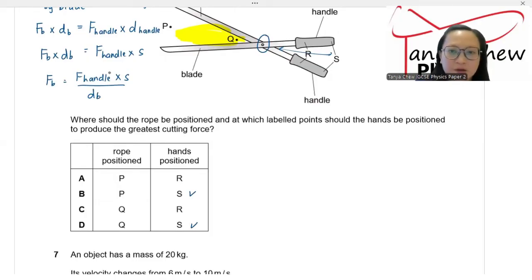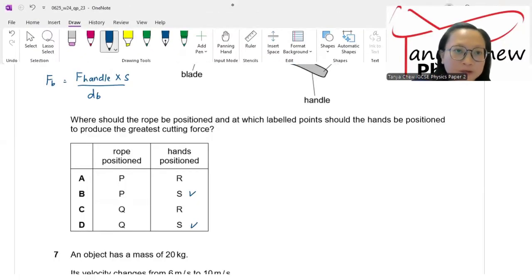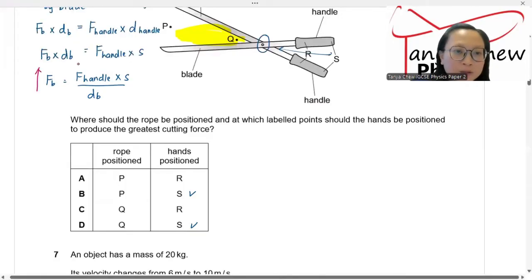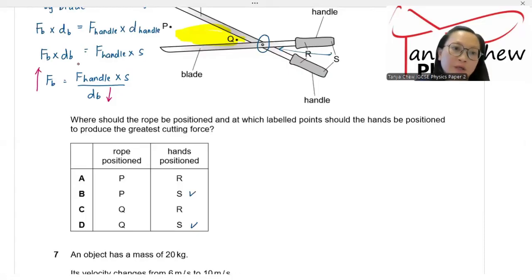Could you see that? If I want to produce the largest cutting force, that means the force on the blade must be the largest one, so the distance must be the lowest one because it will produce the same moment. That is why the rope must be positioned at the shortest distance.